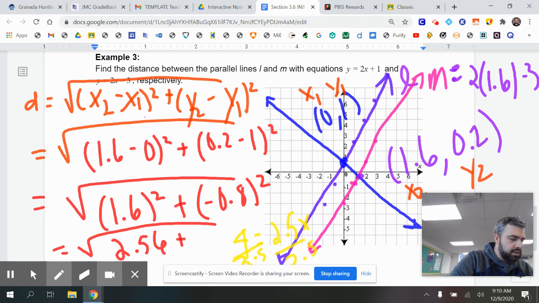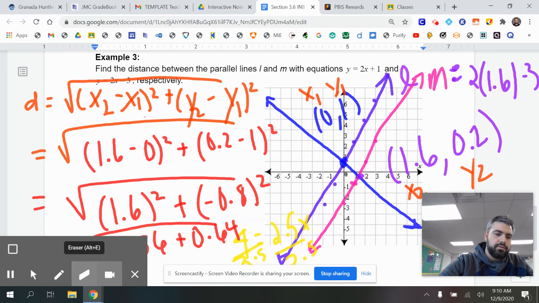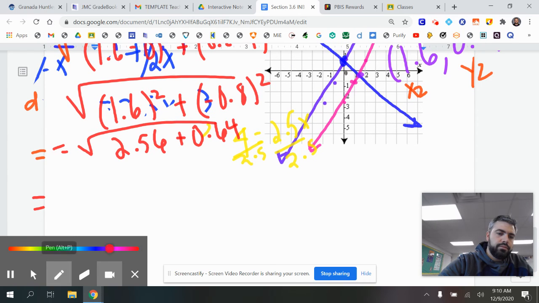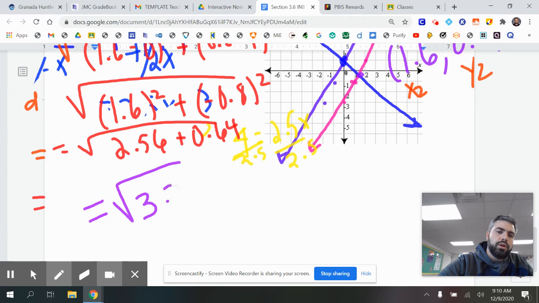Negative 0.8 times 0.8 is 0.64. And so when I add those two together, it's equal to the square root of 3.2.